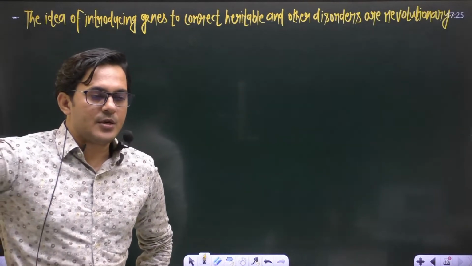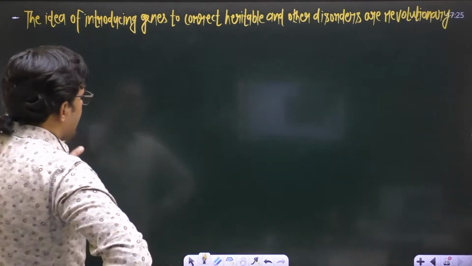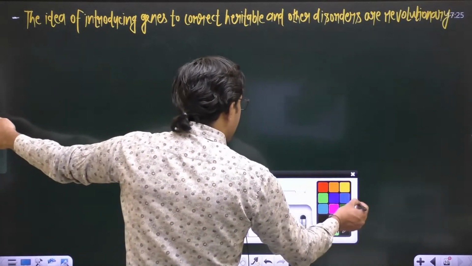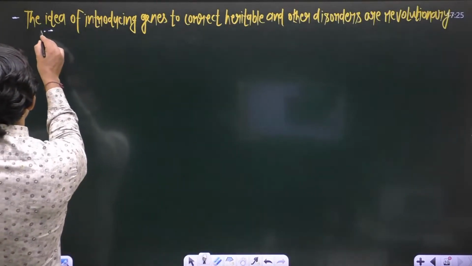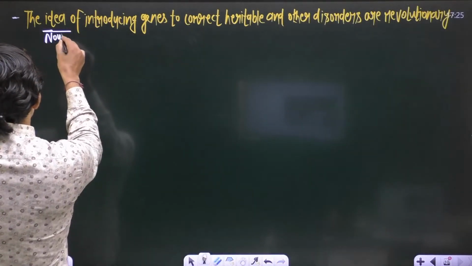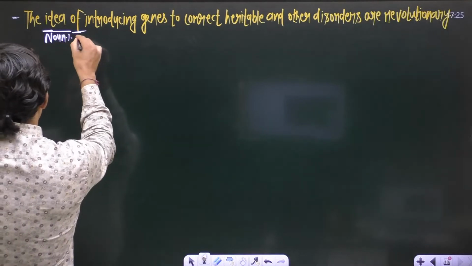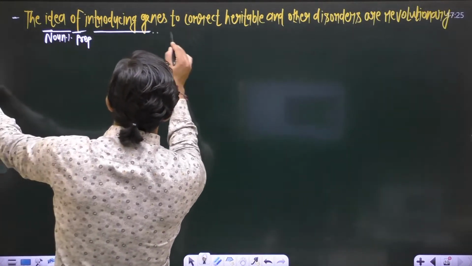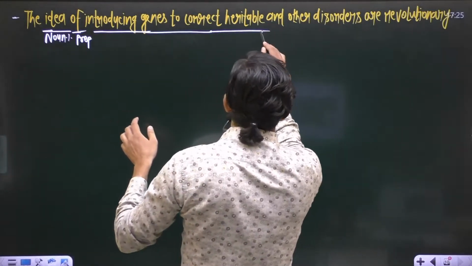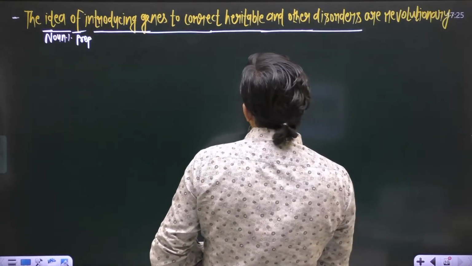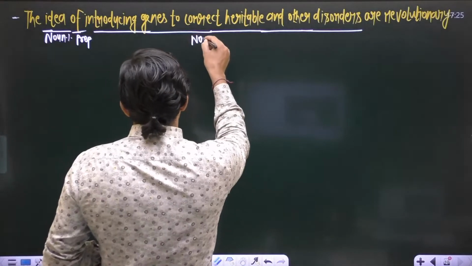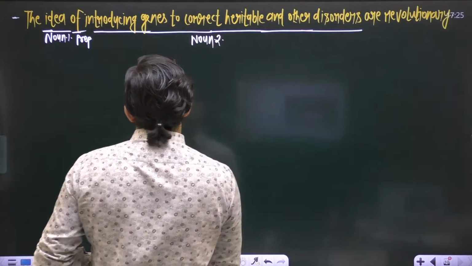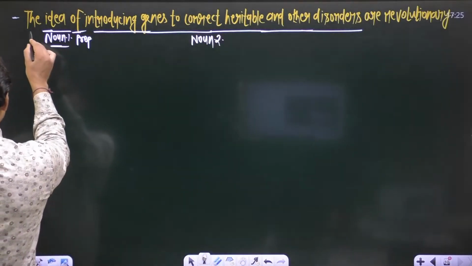Okay. In this sentence, as you know, the keyword idea is the first noun, right? Of is a preposition, and after the first noun, introducing genes to correct heritable and other disorders, this one is the second noun. Our entire focus is on the first noun.